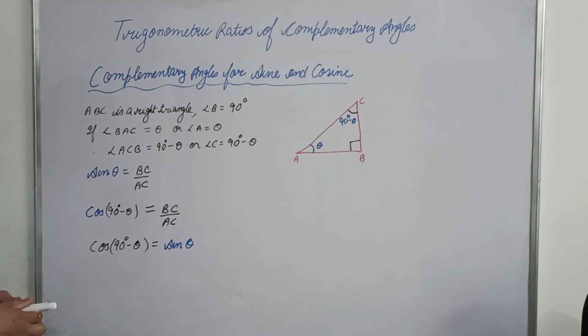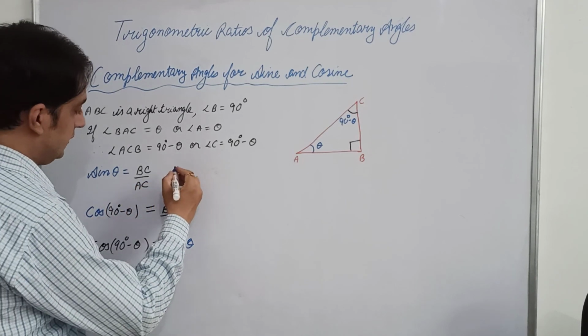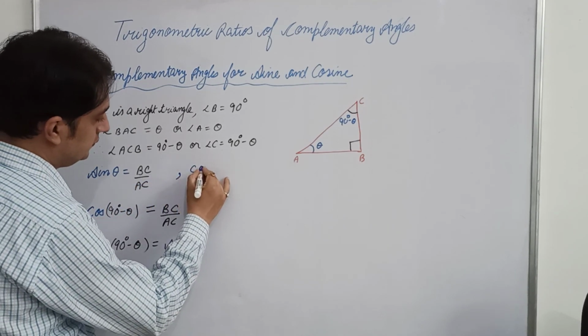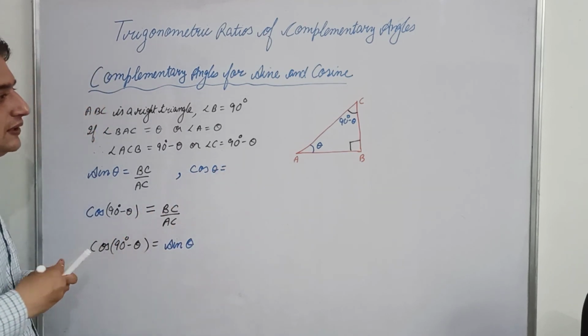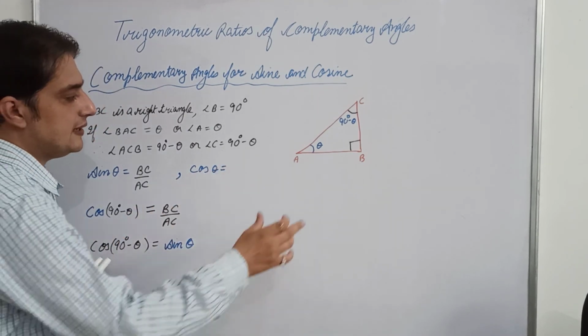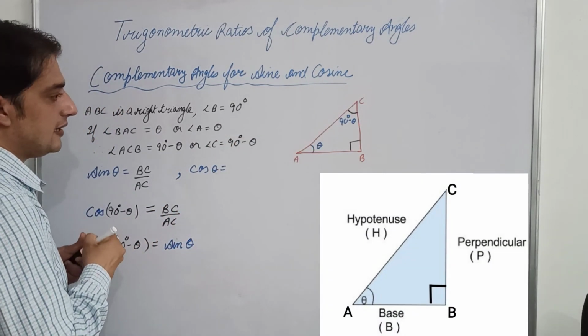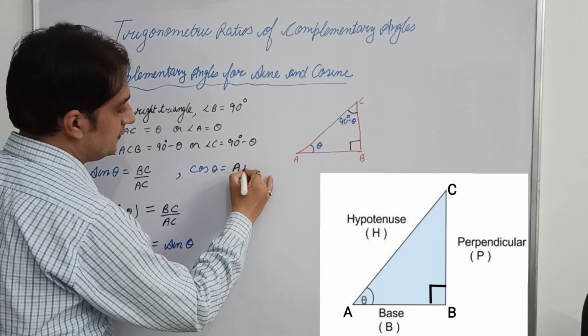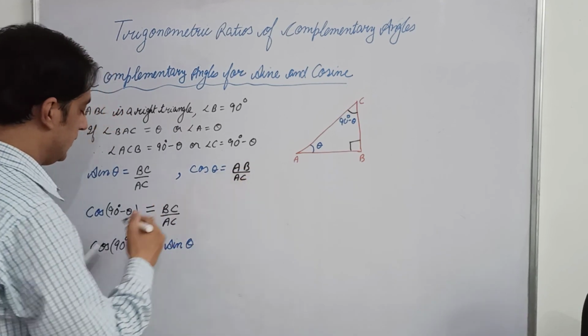Similarly, if I take the value of cos theta, it is the side adjacent over hypotenuse. The side adjacent is AB and hypotenuse is AC, right?